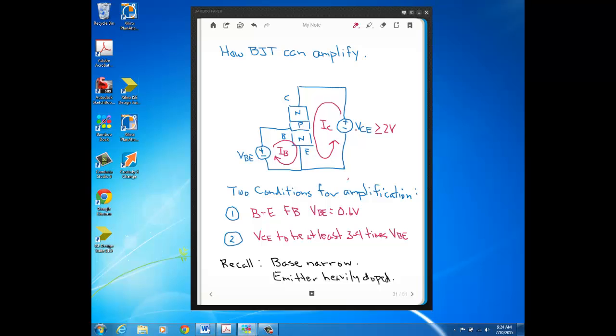And because VCE is at least 3 to 4 times greater than VBE, you're going to get a much larger current in this path here. So you see these two circuit conditions, along with these two fabrication aspects of the transistor, is what gives the BJT the ability to amplify.